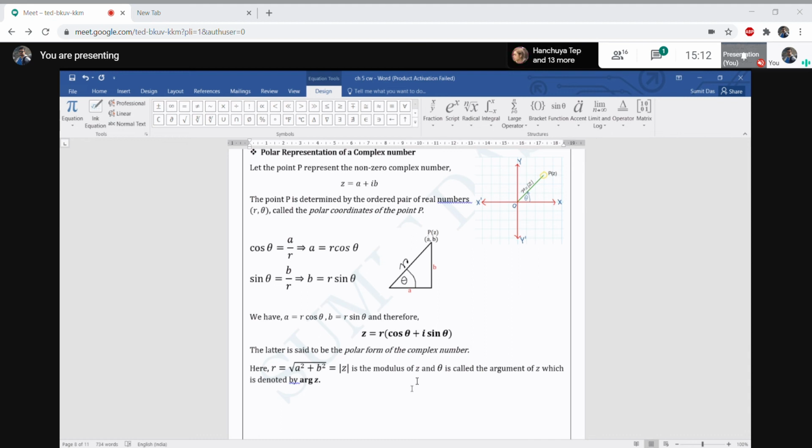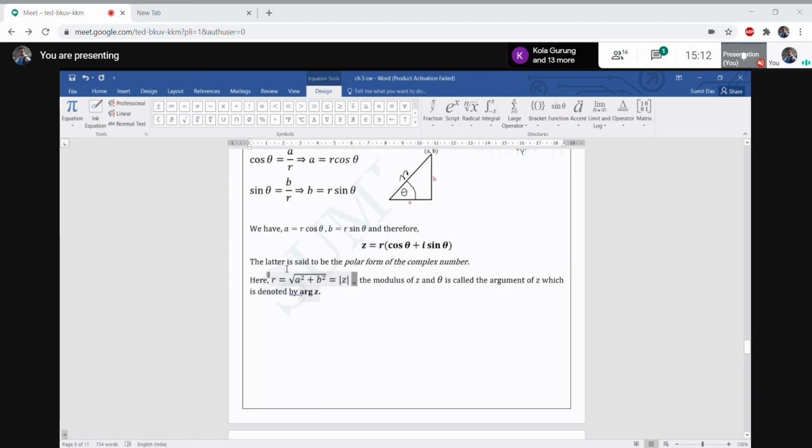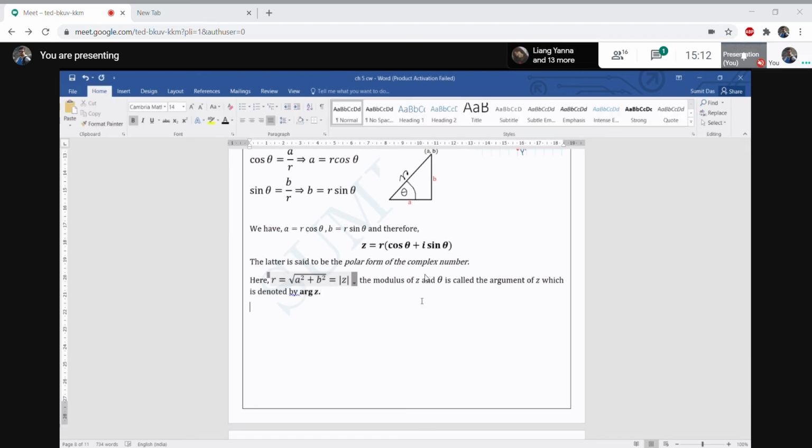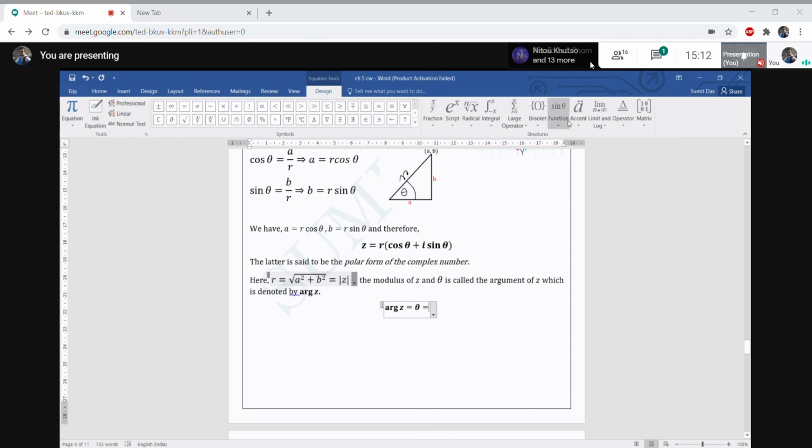You don't have the inverse part, so I did not give it. Argument z, which is equal to theta, which is equal to tan inverse. Inverse is not in your part, so I did not mention it.